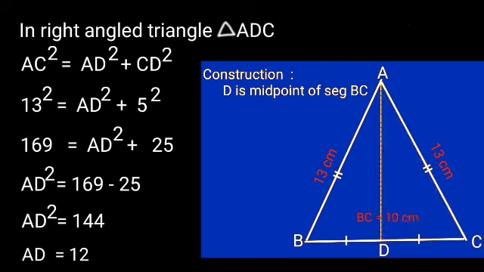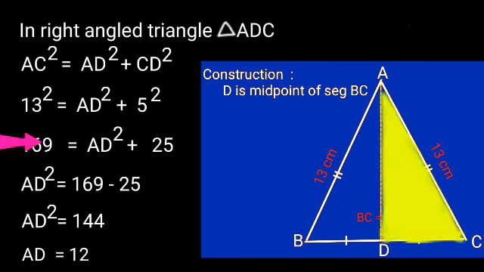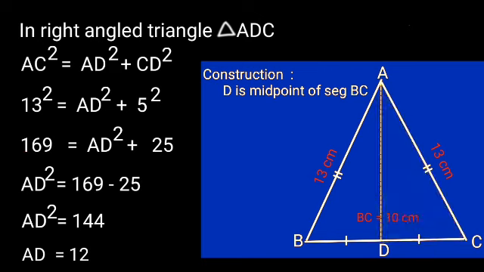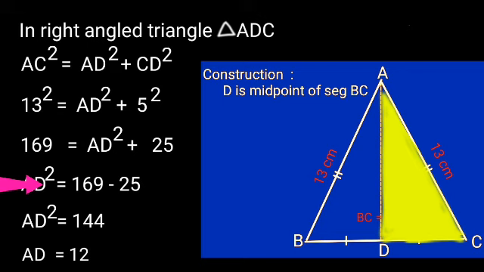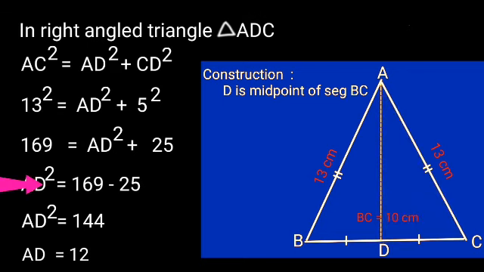We have to calculate the value of AD square. Hence, AD square is equal to 169 minus 25, which is 144. Taking the square root of both sides, we get AD is equal to 12. The negative number is not considered because AD is a length.